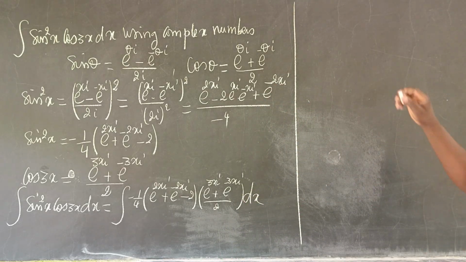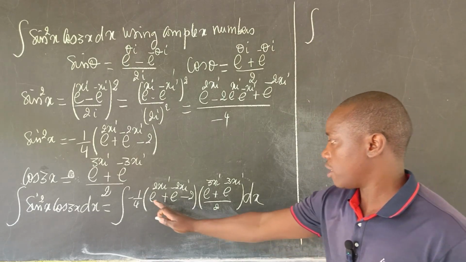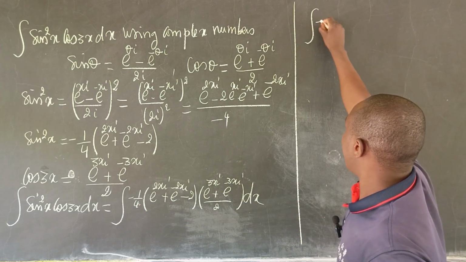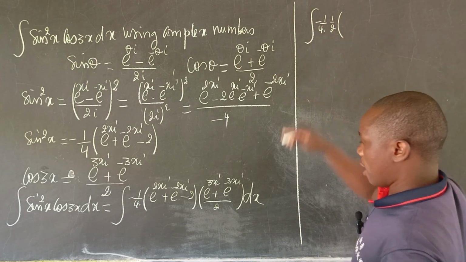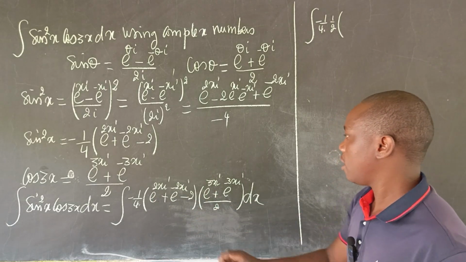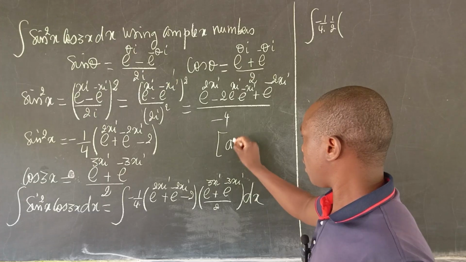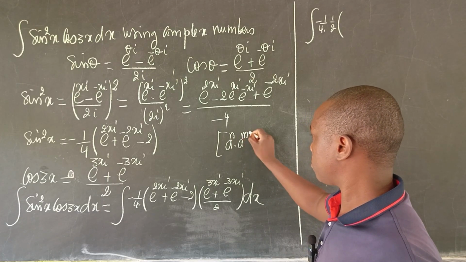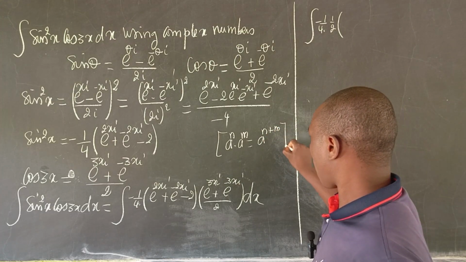As you see, we'll be having an integral of, let's multiply this and this. This and this will be minus 1 over 4 times 1 over 2, and let's multiply this. From the fact that a^n times a^m is equal to a^(n+m).